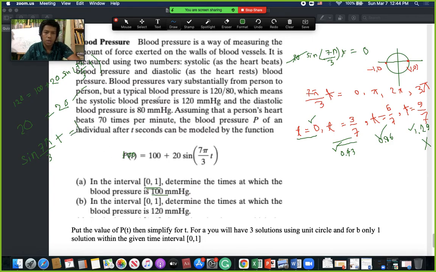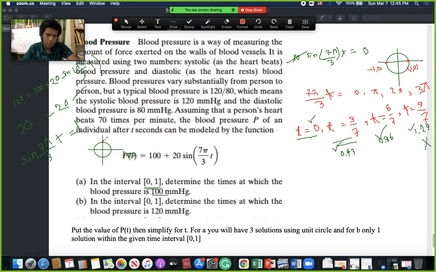Where is this 1 in our unit circle? If you try to draw a unit circle, where is that 1?